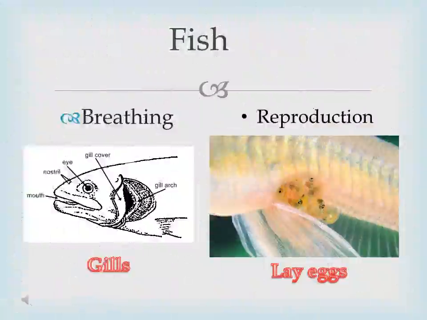Taking into account fish have to take the oxygen from the water, they have a different structure. They use something called gills to breathe. On the other hand, their reproduction is through laying eggs, but the difference with birds is that these eggs are soft.